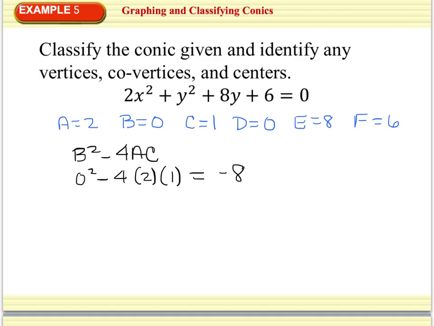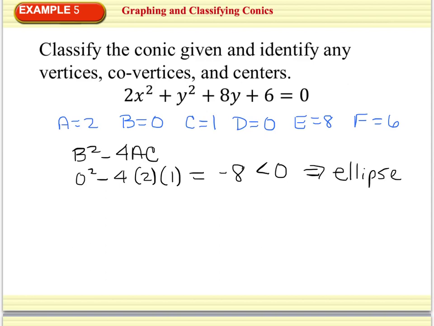Now negative 8 is less than 0, so I can narrow my selection down to either a circle or an ellipse, but because my a value does not equal c, I know that I have an ellipse.